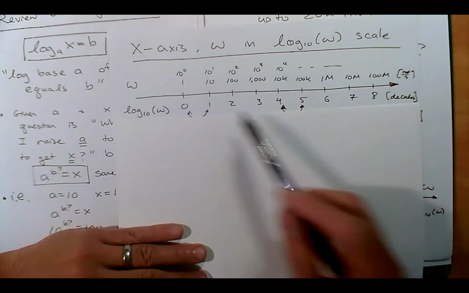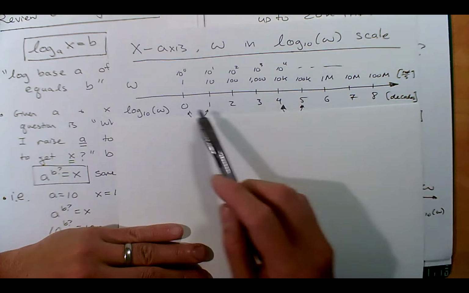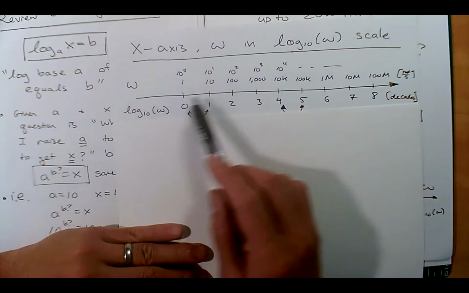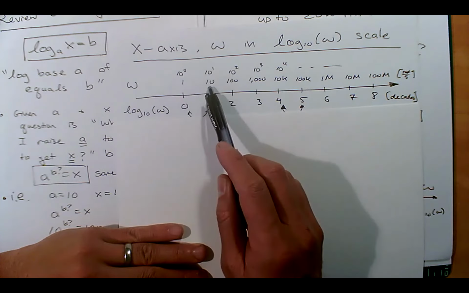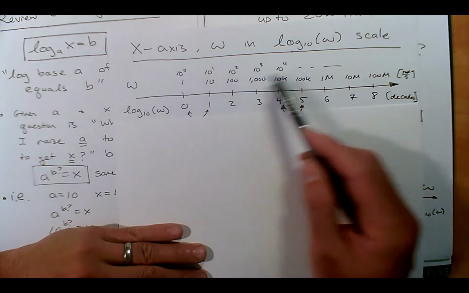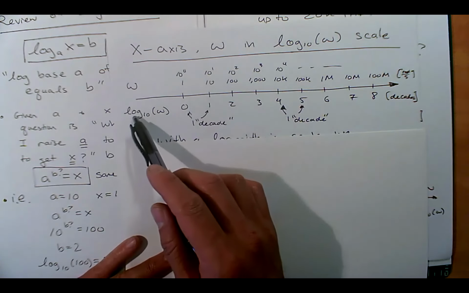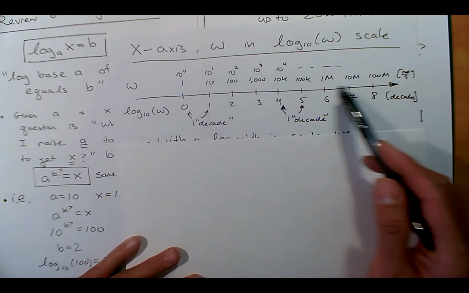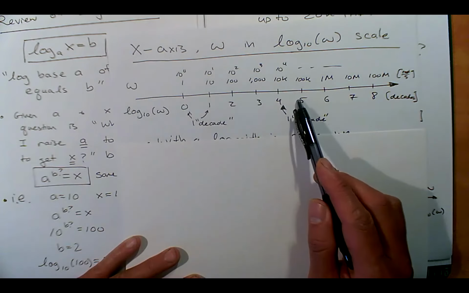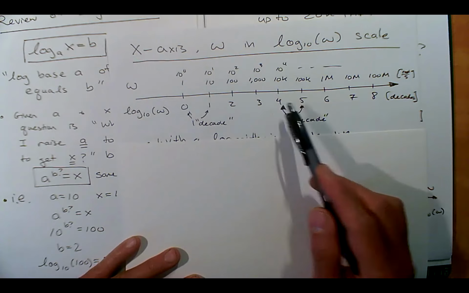What we call these on the street are decades, and they're decades in this case because it's a factor of 10. Look, 1 to 10, 10 to 100, 100 to 1,000. In this case, they're called decades. So this is a base 10 logarithmic scale of omega, and every tick is a 10 times increase from the previous tick.